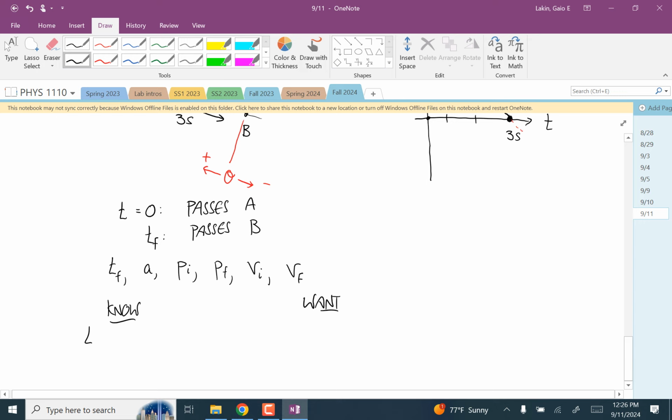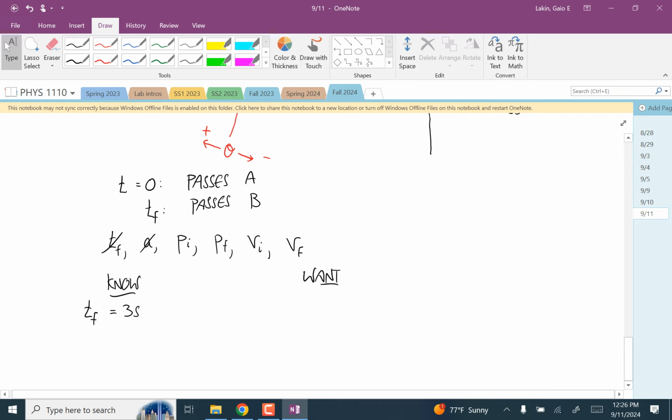Okay, we know that time final is 3 seconds. We don't know acceleration. P initial, we don't know. But if we're trying to figure out how far apart these things are, that's what we're trying to find now, what that P initial is. P final is 0.